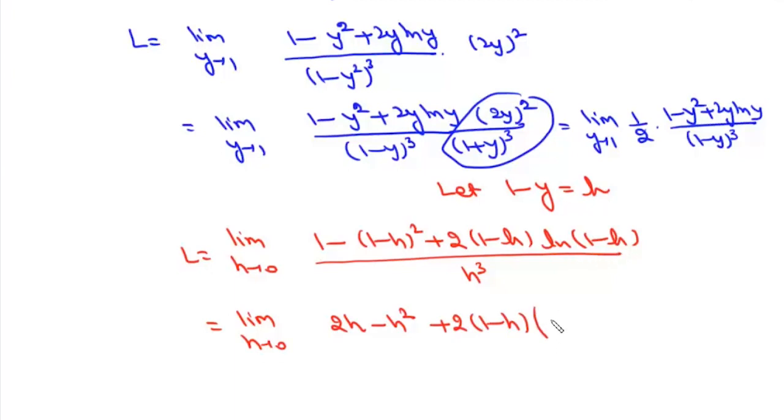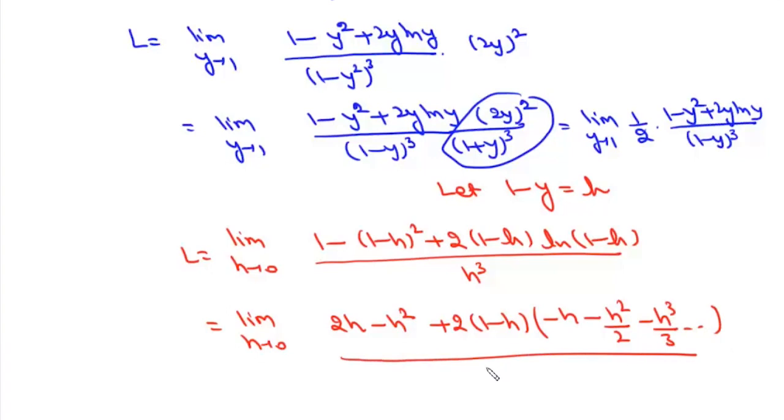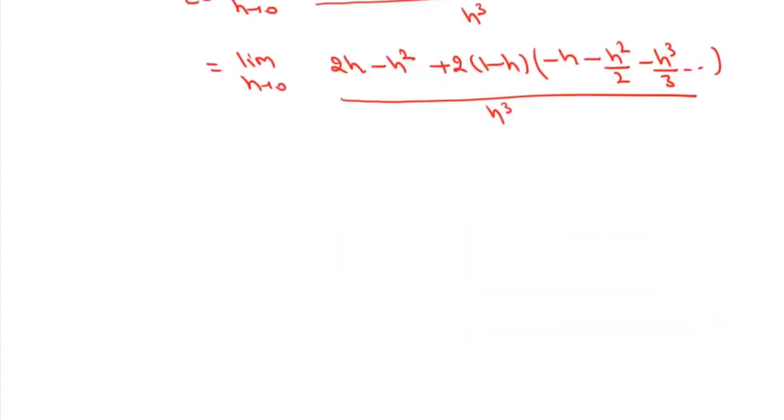So it will be this: minus h, minus h square upon 2, minus h cube upon 3, upon h cube. Now we simplify this.